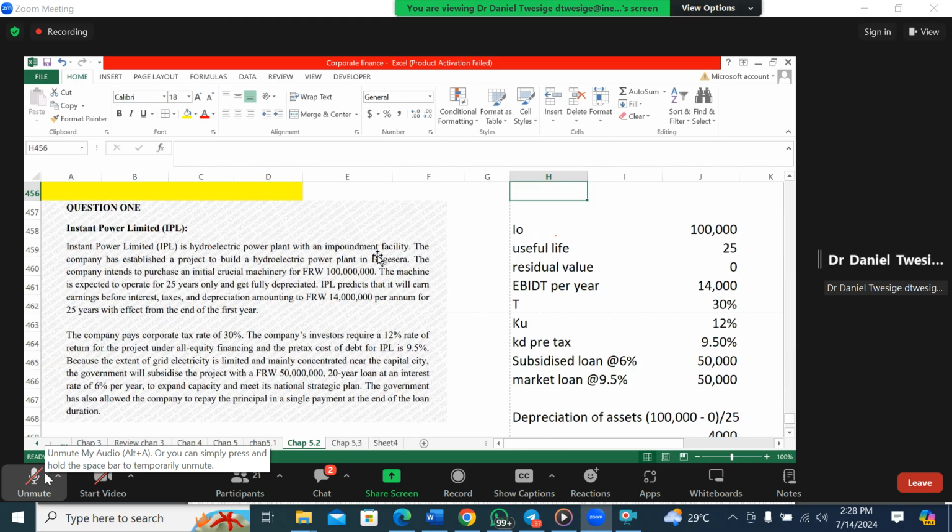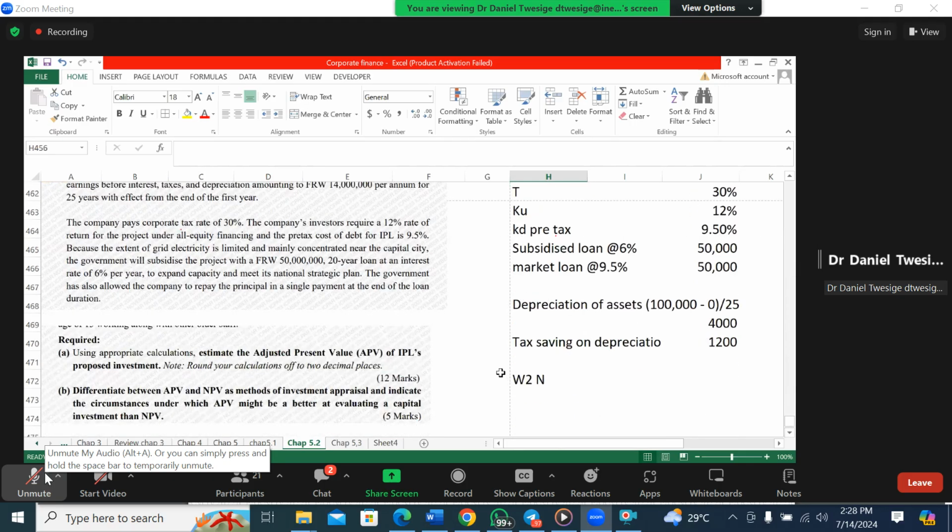As long as we have the tax rate and the depreciation, we need to calculate the tax saving automatically. Yes, that's also what I'm thinking. But maybe you can check the solution and see what the examiner wanted to say about that.